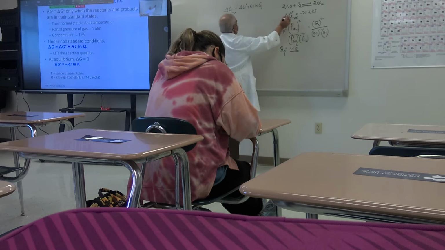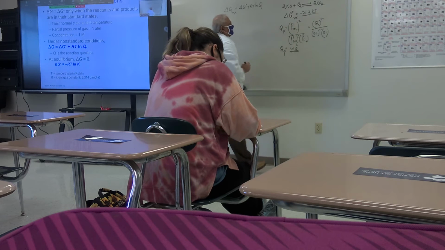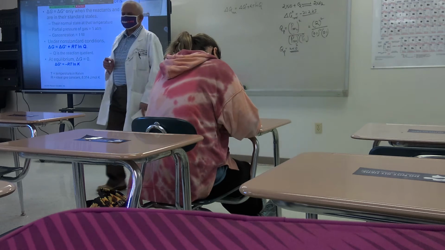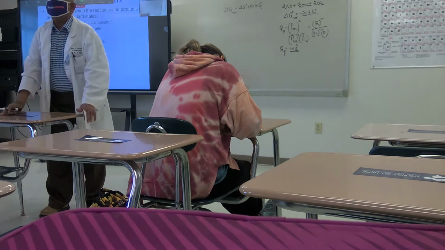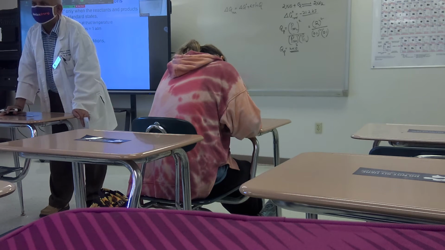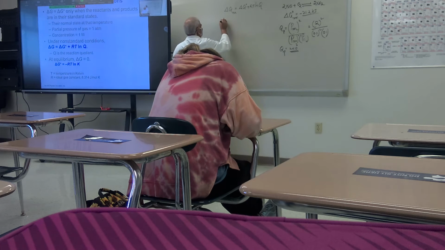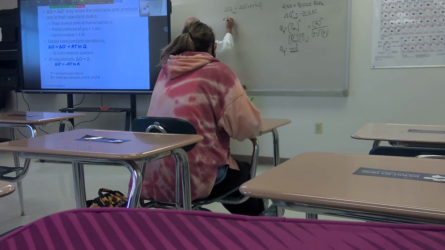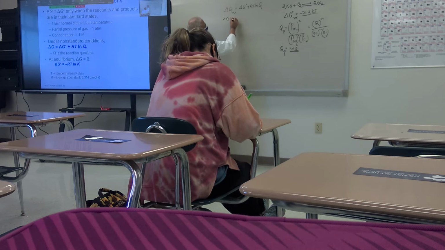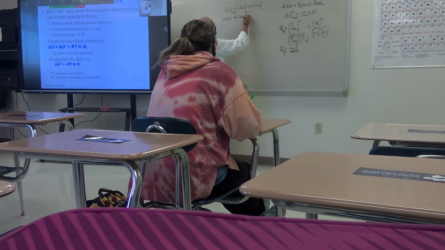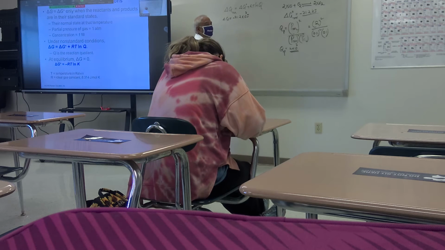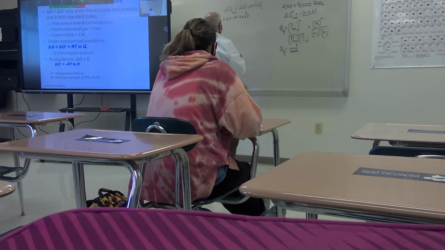They have given delta G0 as 71.2 kilojoules. Now you need to convert that kilojoules to joules, right? So delta G equals negative 71.2 times 10 to the power of 3 joules. I converted that into joules.